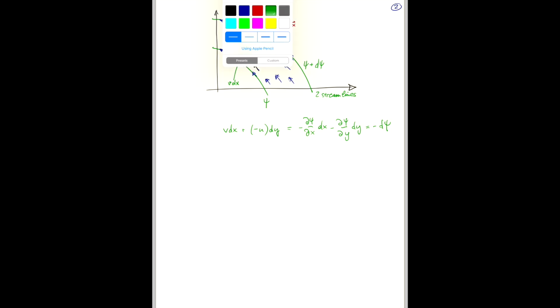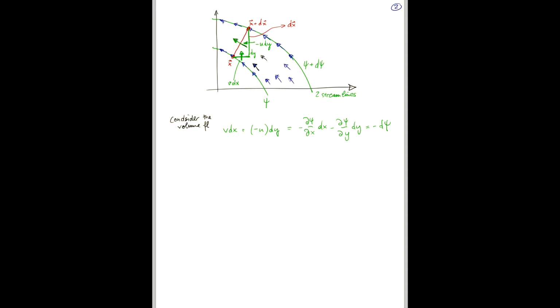So what we've done here is basically consider the volume flux between two streamlines. So the physical interpretation here is that the volume flow rate between two streamlines is just the difference between their psi values.